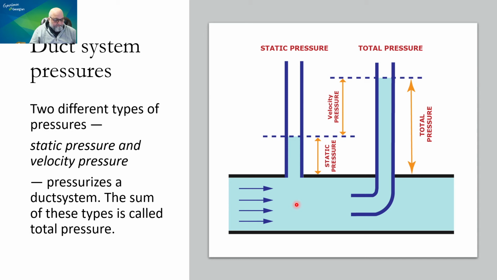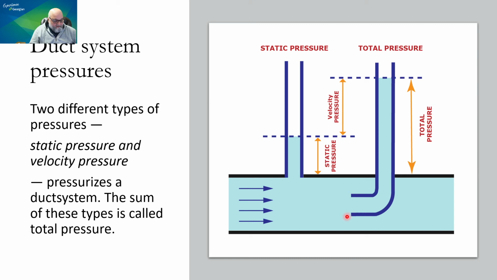It's the same rule. So you're going to find that we use only two physical connection ways to measure the pressure. One is going to be a perpendicular opening, a side opening to the pipe or the conduit that is carrying the flow.